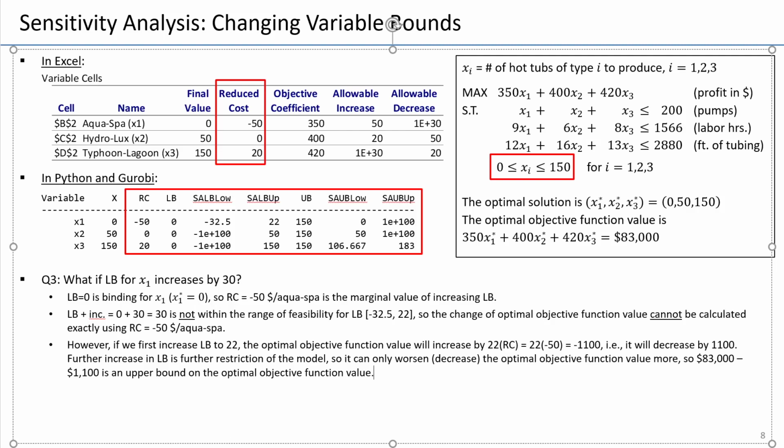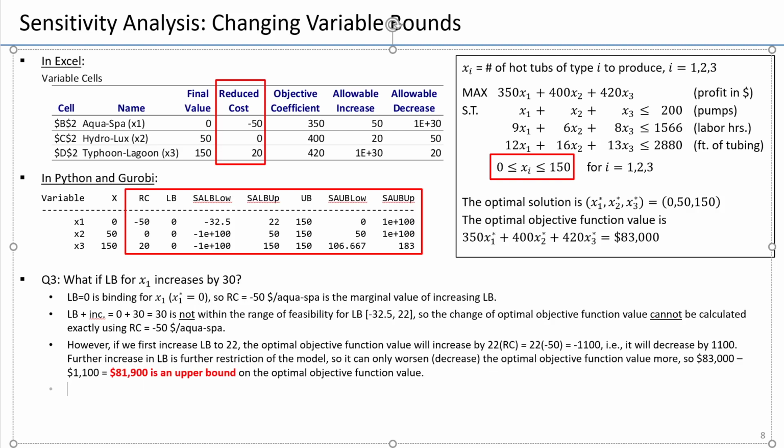So I know it will decrease by this, but it might decrease by more than this. So let's actually calculate. This is going to be 81,900. This is an upper bound. So we cannot calculate exactly the change in the optimal objective function value, but we can find an upper bound.